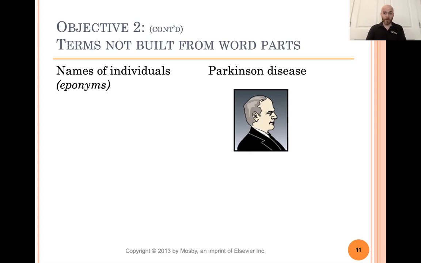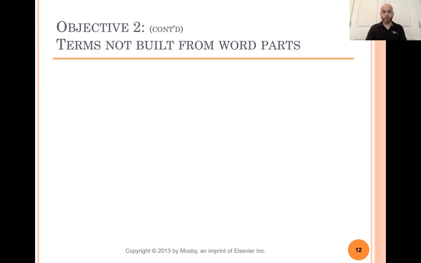His last name was Parkinson, so he named it after himself. That name is used in other countries and across the world, but it's just not Greek or Latin. So there are exceptions to my rule.